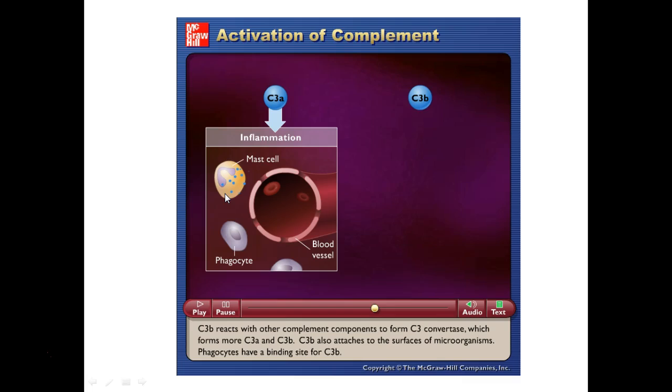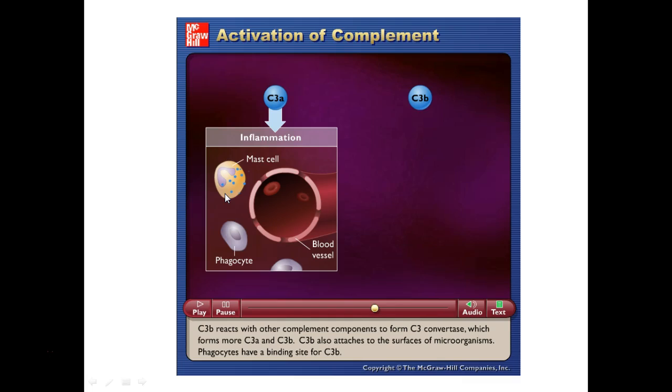They dilate. We're going to increase blood flow to that area. Why do we want that? Why do we want inflammation? Why do we want increased blood flow and fluid leaking out? What else is going to come out of that blood vessel? The white blood cells. Because we need them for this next thing.